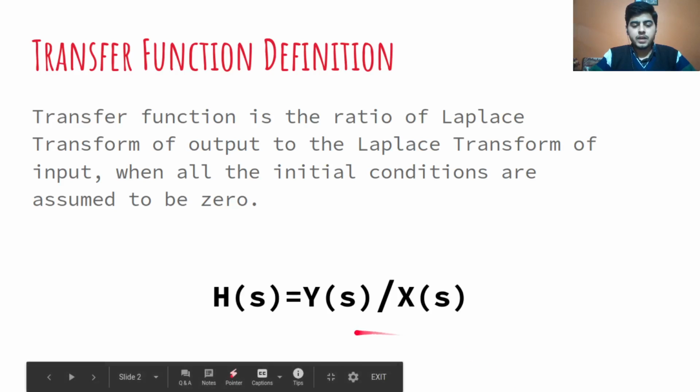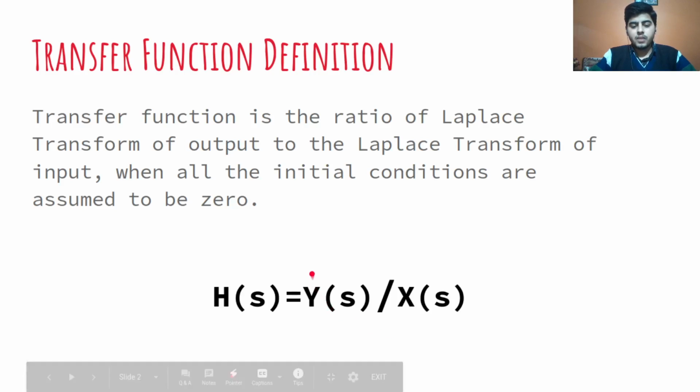And here we have the mathematical expression for transfer function. Here capital Y is the Laplace transform of output, and capital X is the Laplace transform of input. And I think just after reading this definition, you don't understand what exactly transfer function is and why we need it.